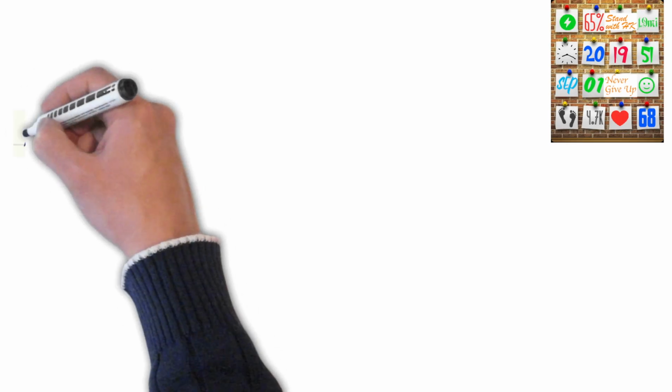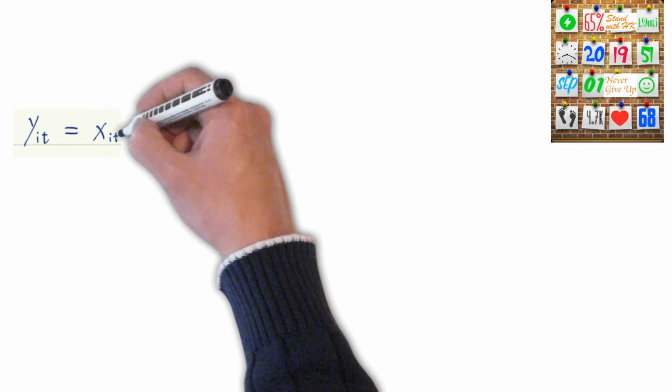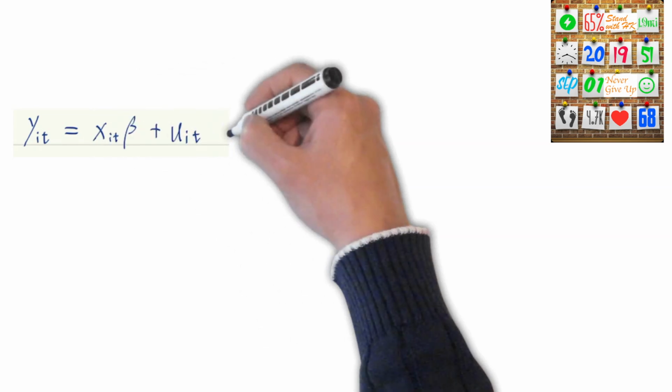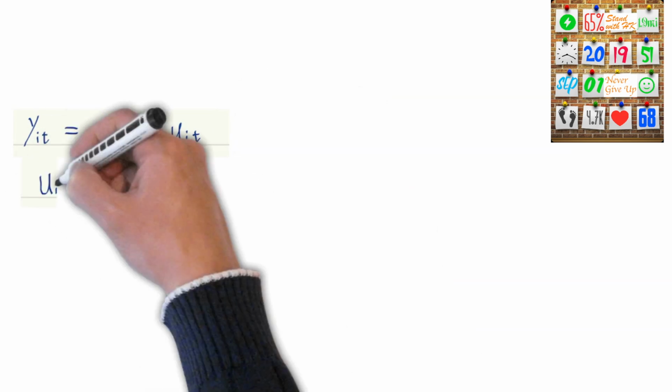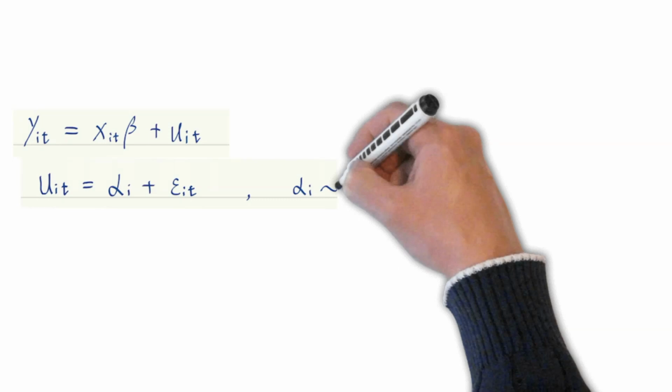For the panel data model, the composite error term has two parts: the individual specific effect alpha and the idiosyncratic error term epsilon.